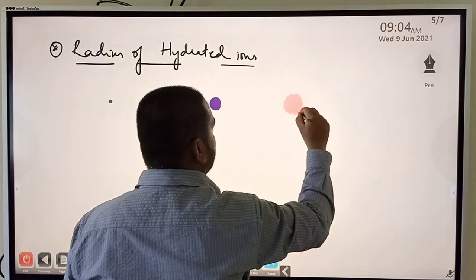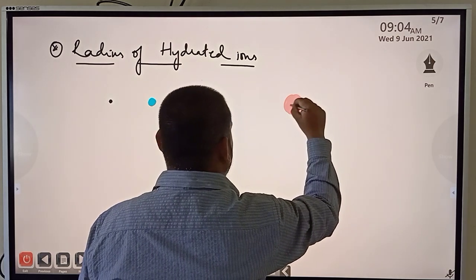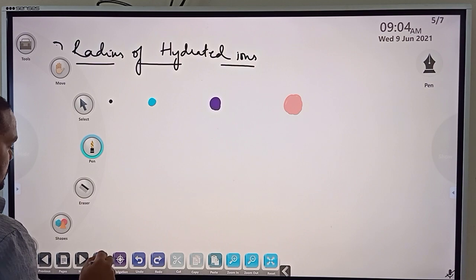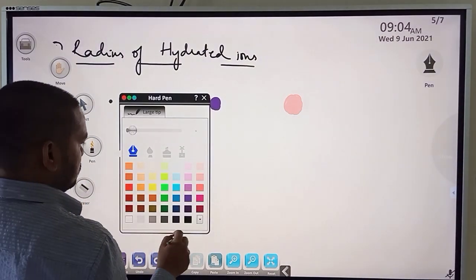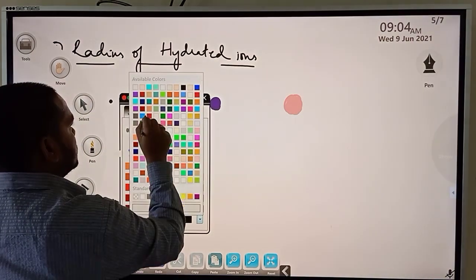I hope I am making some sense, just to differentiate the sizes of the atoms. And lastly, cesium.